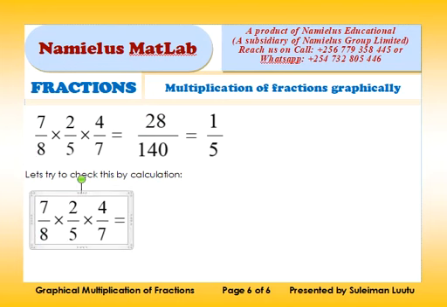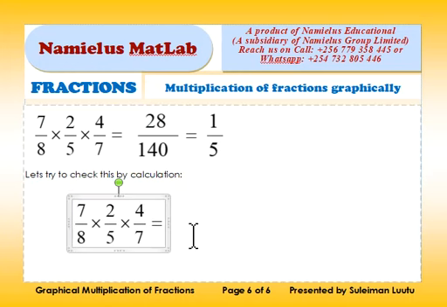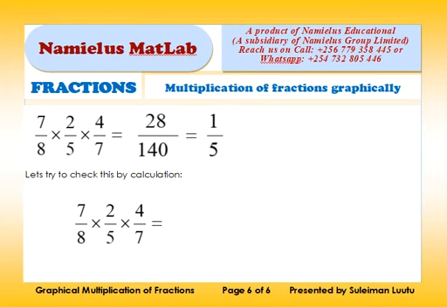7 out of 8 by 2 out of 5 by 4 out of 7. So we can cancel 7 by 7. That one dies out. Here we remain with 1, and then here we remain with 1.